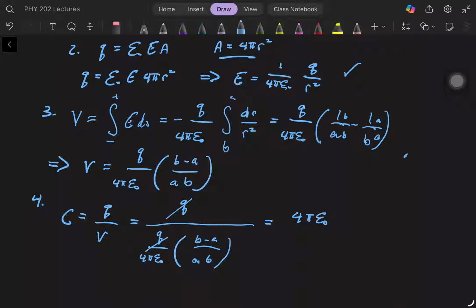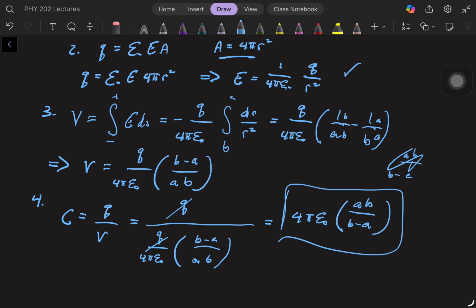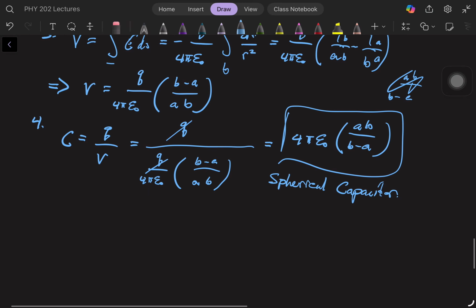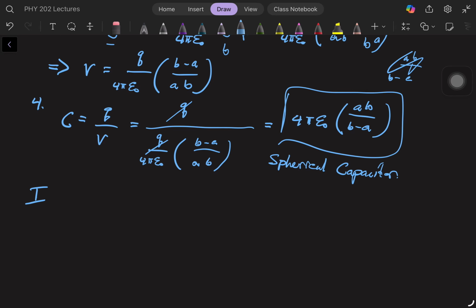Then we would expect an AB over B minus A. Yeah. I was seeing if there was a way we could clean it up, but we did that in the last step, so that works. And so we have this expression for the spherical capacitor.